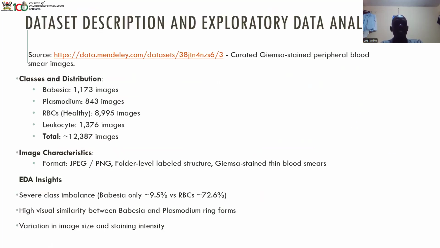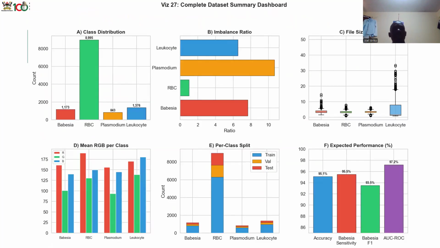We had our data set, which we got from that source, the link there. There are different classes, 4 actually, as you've seen there with particular images. Then let me straight away go to the exploratory data analysis. Here, we explored the data set to check what it is suffering from.